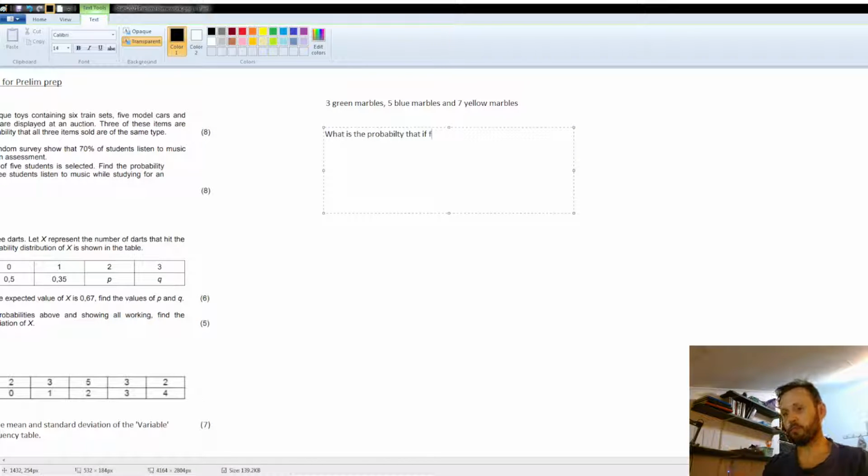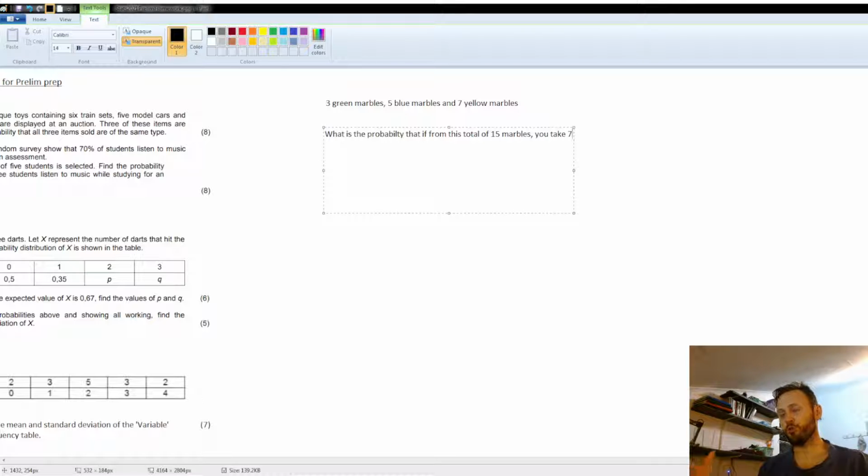if from this total of, how many is that, 15 marbles, you take 7. So from the total of 15, which are composed of these 3 colors, you're going to take 7 at random.